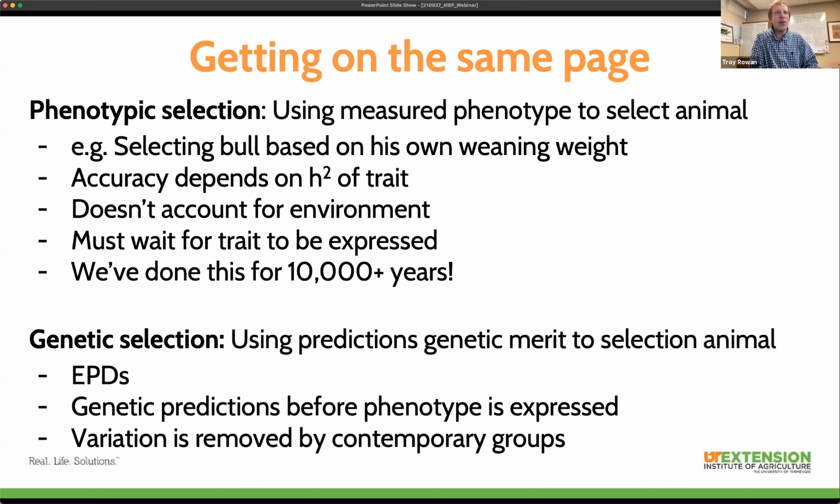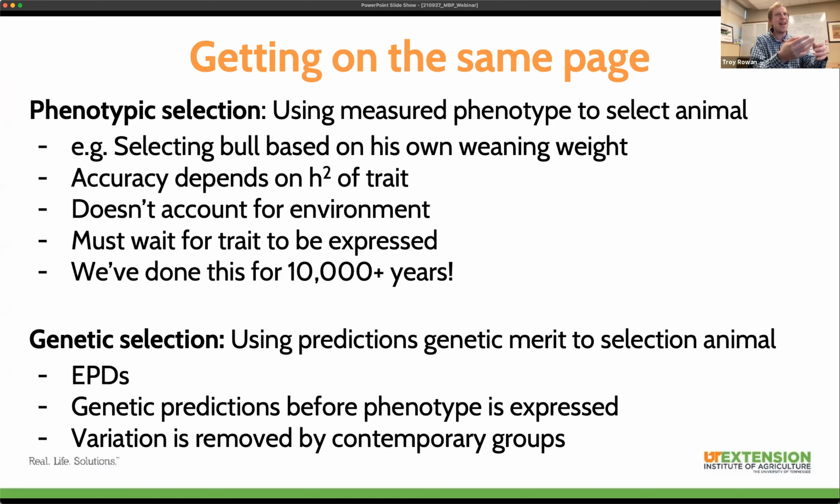And the other kicker here is that we have to wait for traits to be expressed. And this is especially important for things like fertility and especially cow longevity. So if we want to select a sire who's going to have daughters that stay around in the herd for a really long time, we have to choose a whole bunch of sires that we want to test, right? We breed them to our cows.